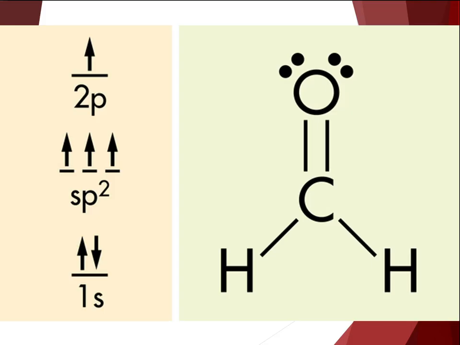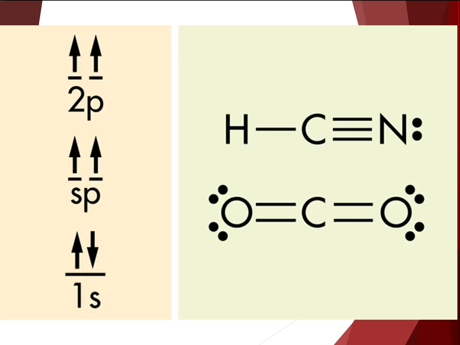To form a double bond and 2 single bonds, a carbon atom needs to keep 1 electron in a p orbital. The s and 2 of the p orbitals hybridize. So again, the carbon in H2CO uses sp2 hybrid orbitals, as seen on the screen here.